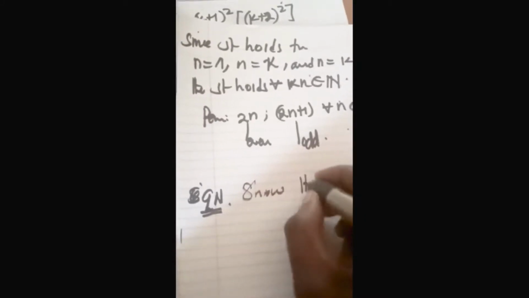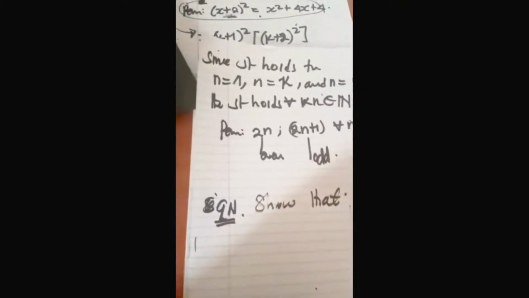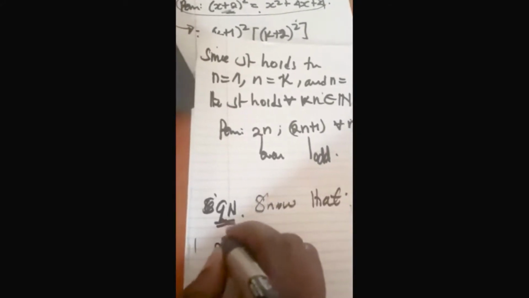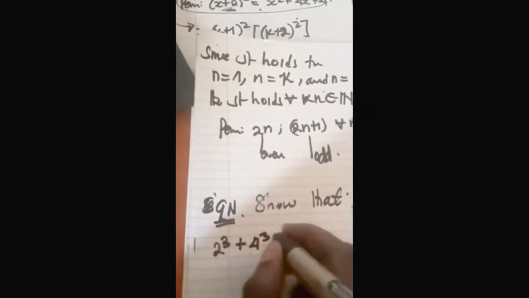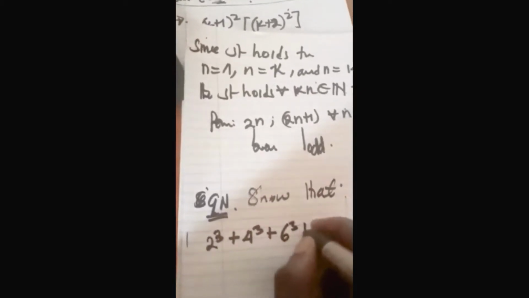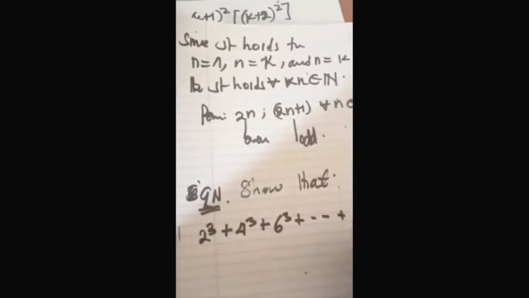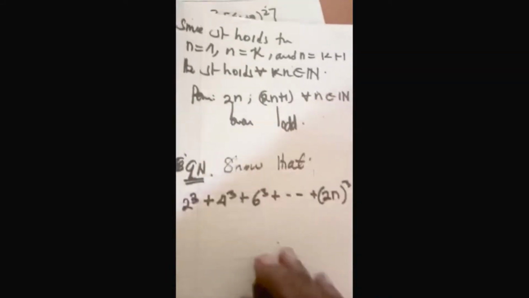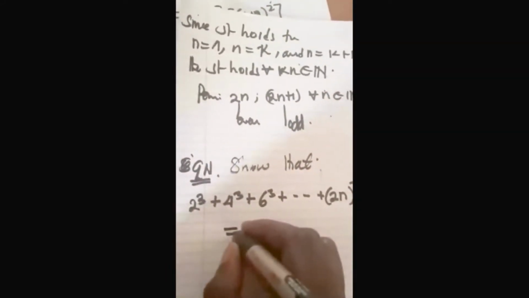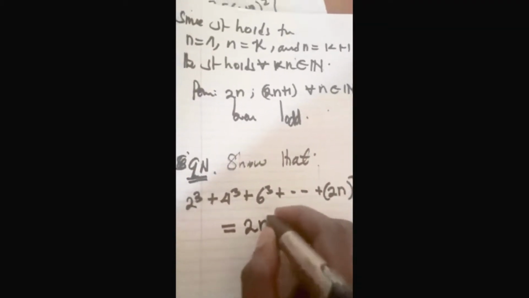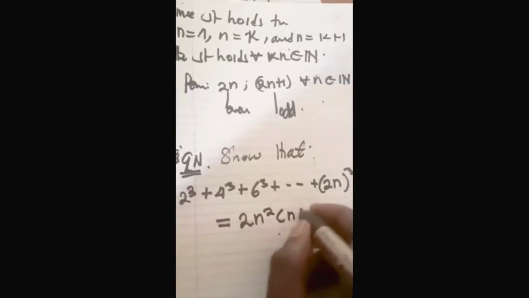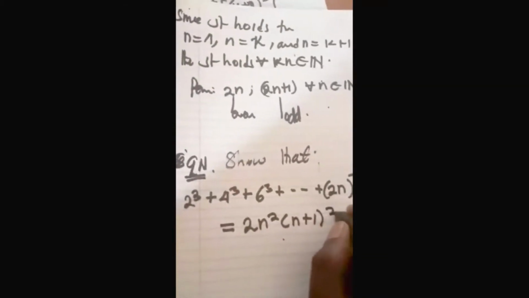Show that 2 cubed plus 4 cubed plus 6 cubed plus, these are even numbers, up to 2n cubed equals 2n squared into n plus 1 squared.